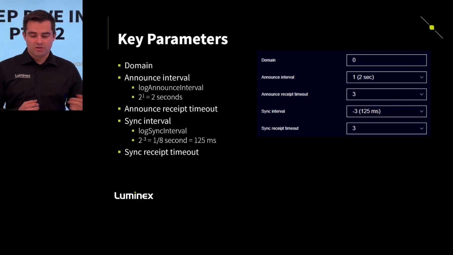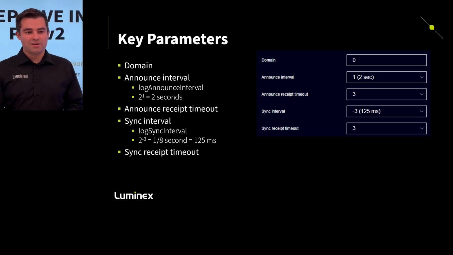So could you change these parameters? If you reduce the announce interval, then it will take less time before the grandmaster is considered lost. But if you do it too often, then you send a lot of packets in the network, and the grandmaster might also be considered lost too soon.